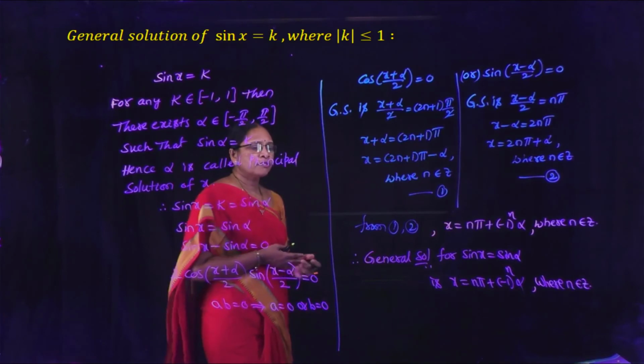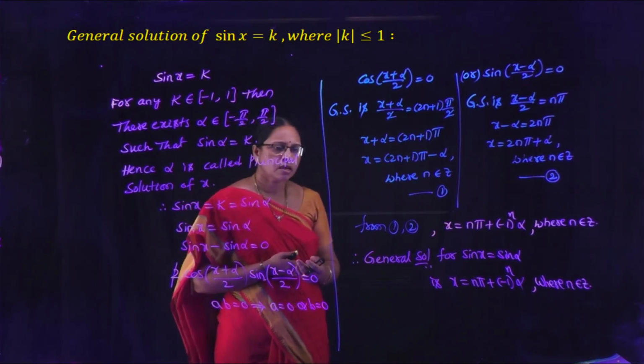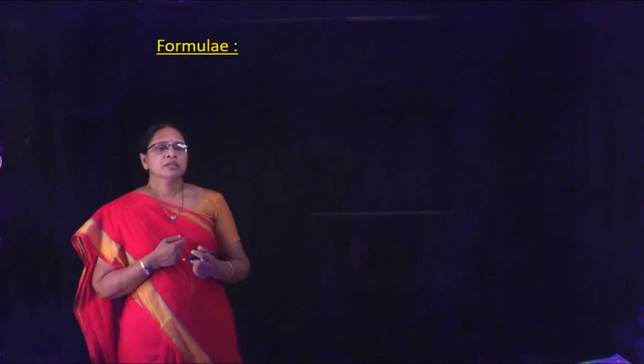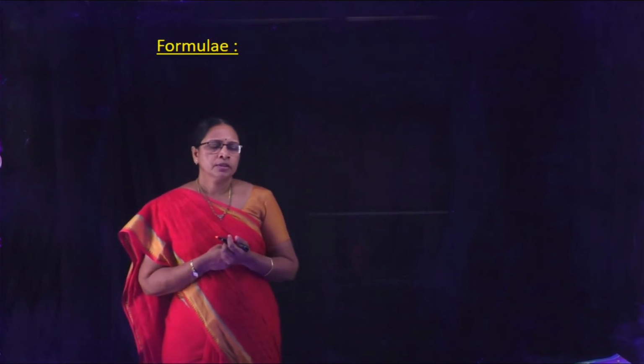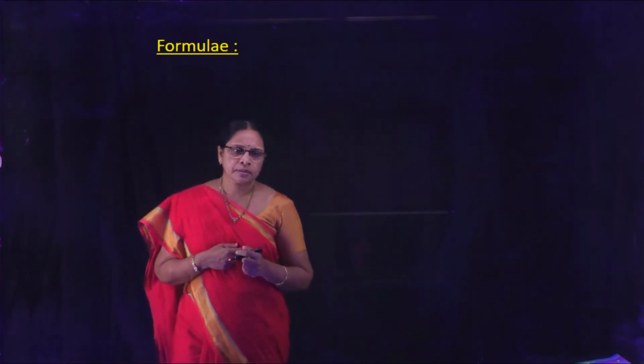Similarly, we can find the general solutions for cos x equal to cos alpha and tan x is equal to tan alpha. See the formula for general solutions of various types.